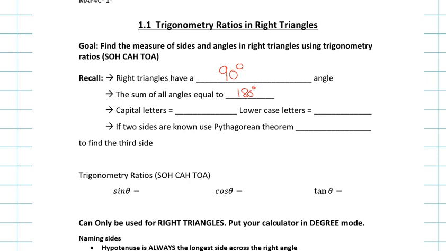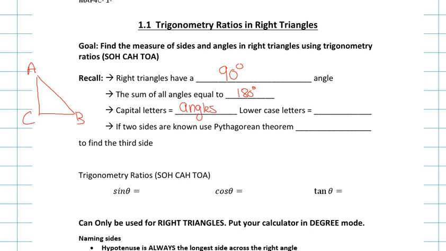When we label our triangle, no matter what kind of triangle it is, we always label the angles with capital letters. Okay? So we go A, B, C. For every angle, there is an opposite side, correct?